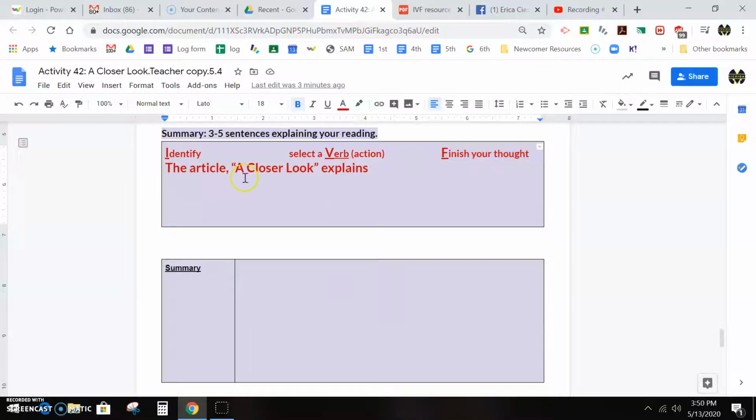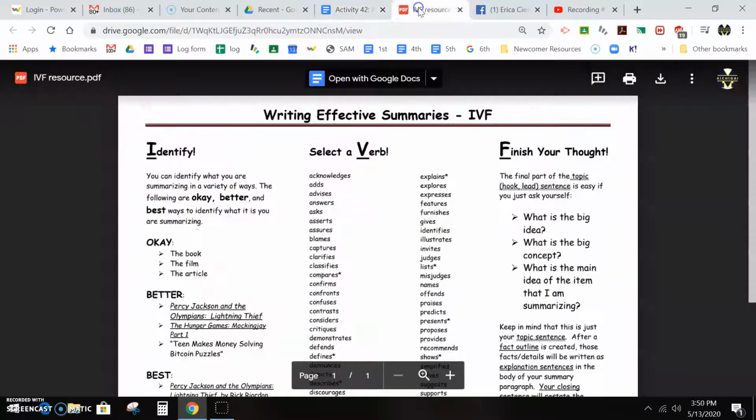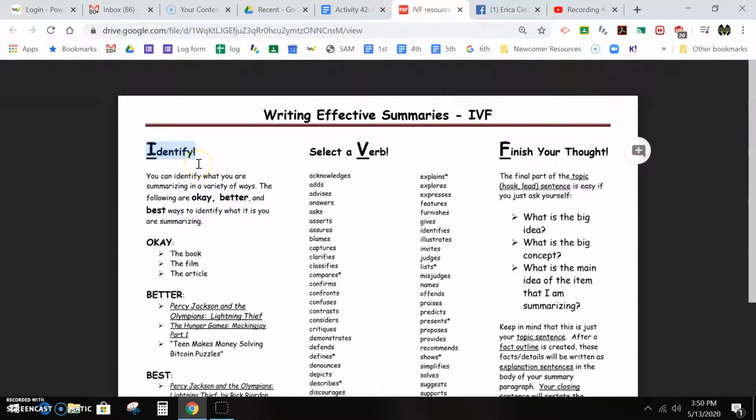So I actually already have it here for you, but we're going to go through how I wrote the beginning of my topic sentence. So I'm going to switch to my IVF handout, which I'm going to repost in Google Classroom. The I, again, stands for identify. So you're identifying what you read.